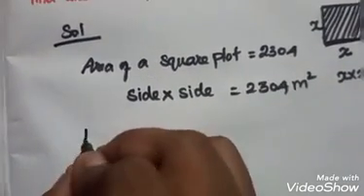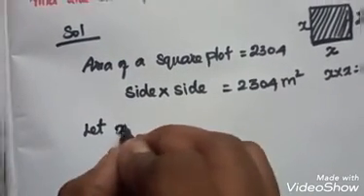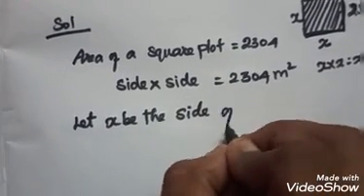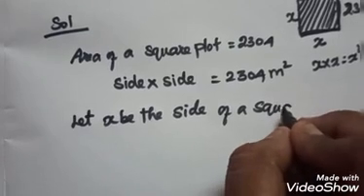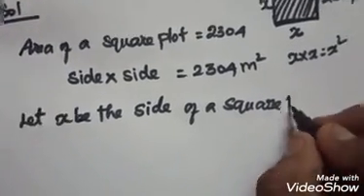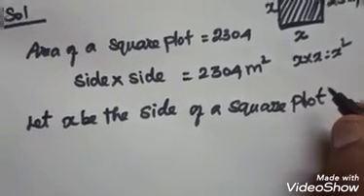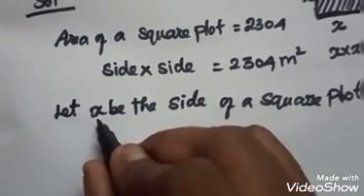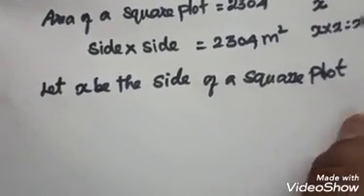So let x be the side of a square plot. We don't know the answer, so we take the unknown value as x. Let x be the side of a square plot.